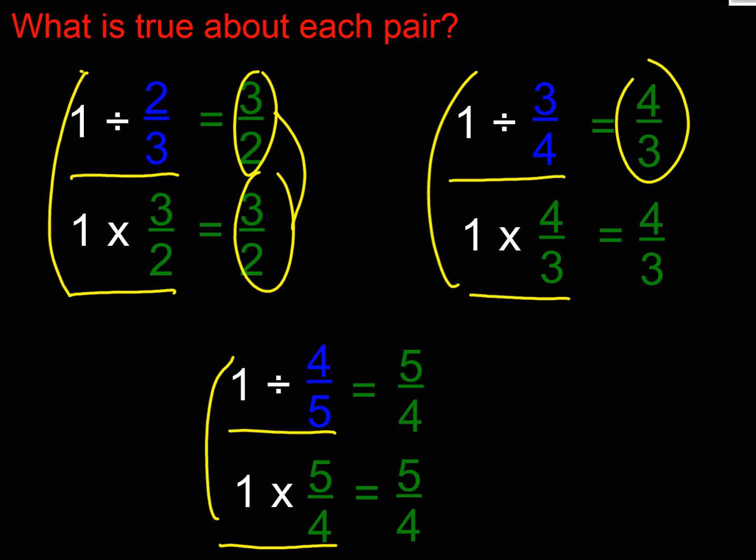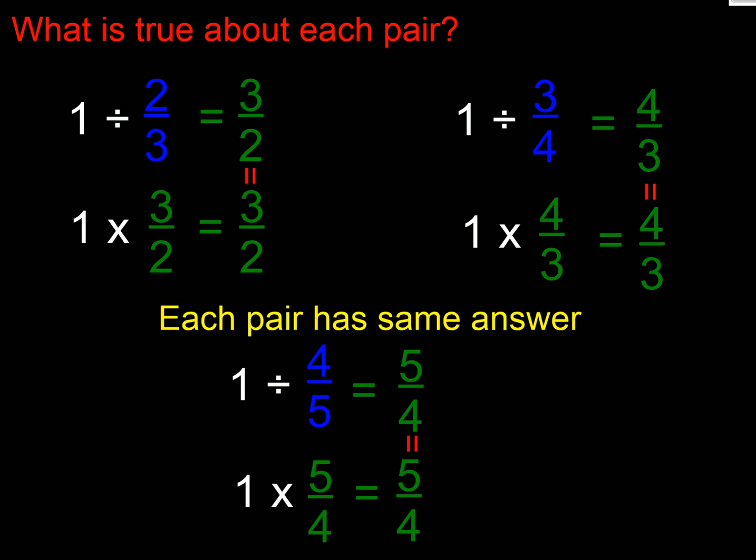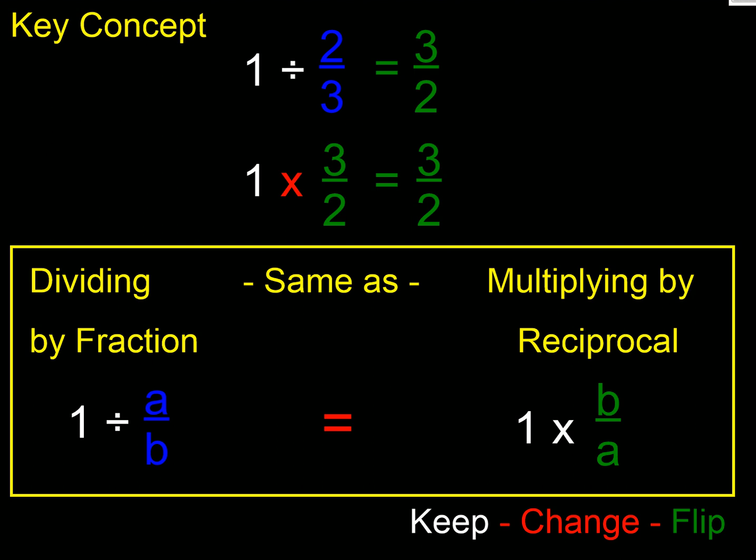So that gives us a fairly quick way of doing division by fractions, in that 1 divided by 2/3 is going to give the same answer as 1 times 3 over 2.